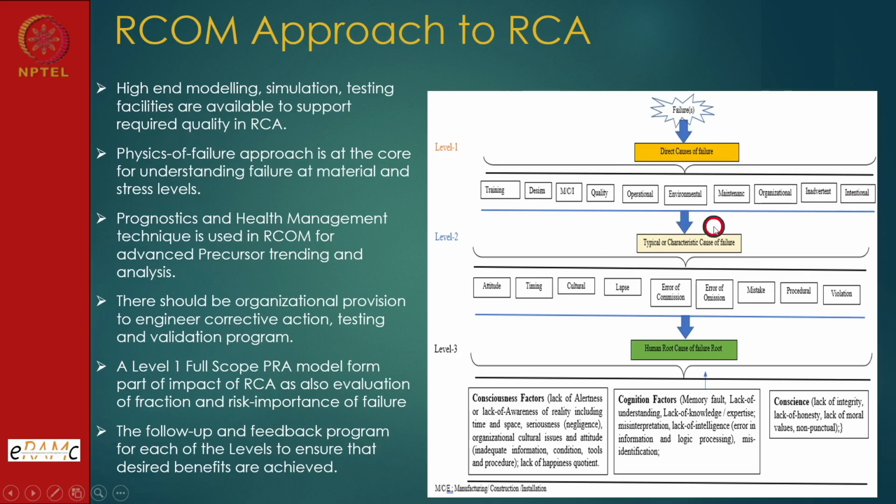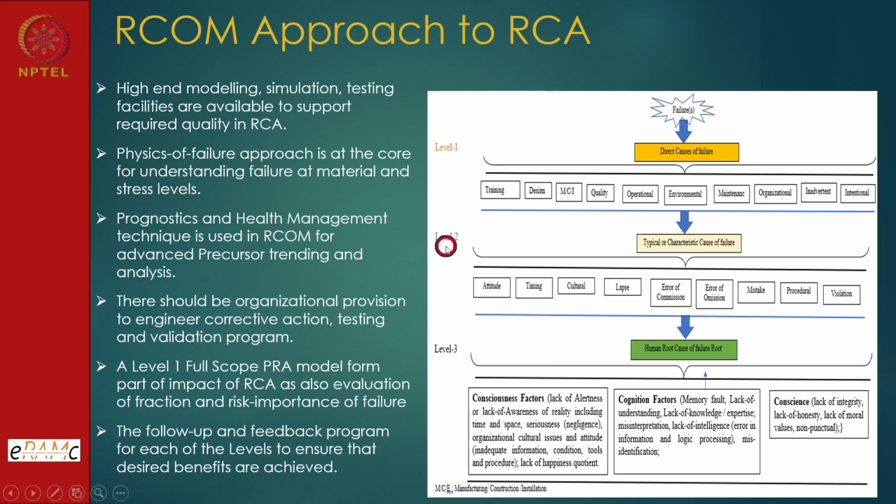So direct root cause analysis, then typical characteristics of failure: attitude, timing, cultural, so we've gone deeper into it, and then error of commission, error which is a conventional practice, procedural error, violation, mistakes.